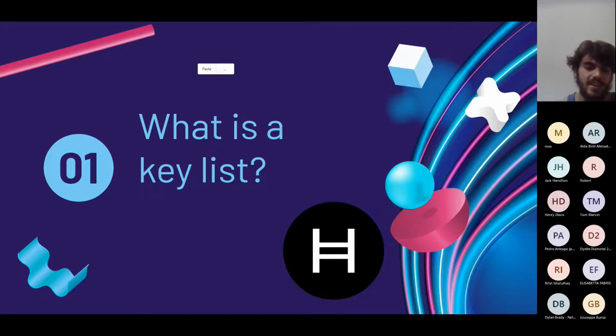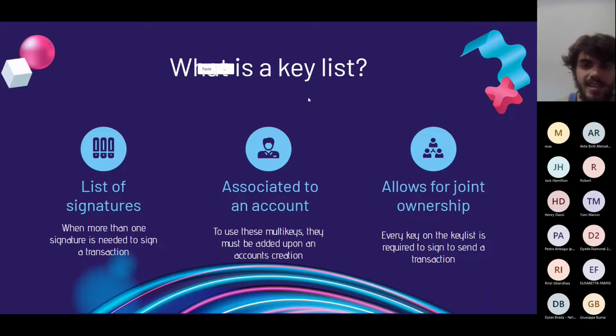So firstly, what is a key list? A key list is, as the name suggests, a list of keys. Typically when you send a transaction from one person to another, you only need one signature.